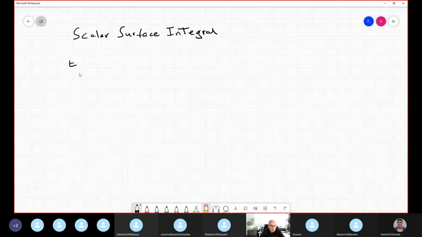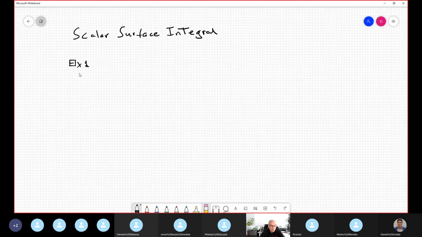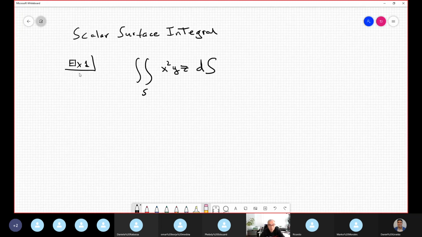Example 1 of the scalar surface integral. Compute this surface integral. The integrand function is always given, maybe with 3 variables x, y, z. This dS represents the infinitesimal element of the surface area.